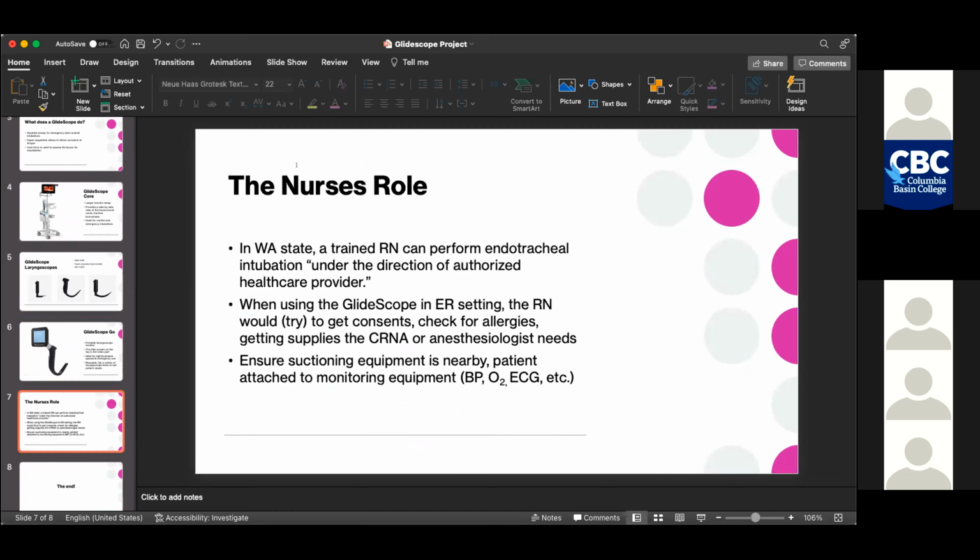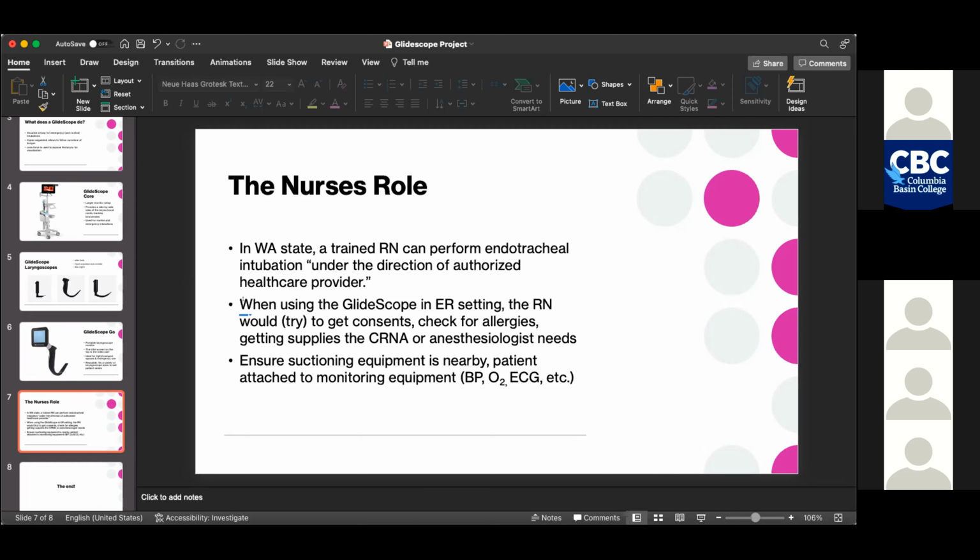So the nurse's role. I looked it up, and it sounds like in Washington, an RN can perform an endotracheal intubation. All it said was under the direction of an authorized healthcare provider. I don't know if that means they have to be in the room, or if it's a standing order or whatever.